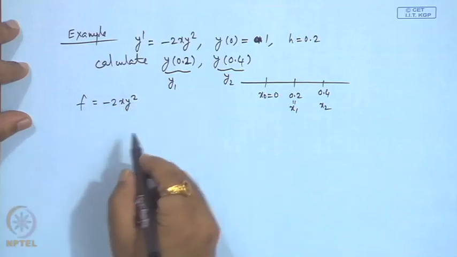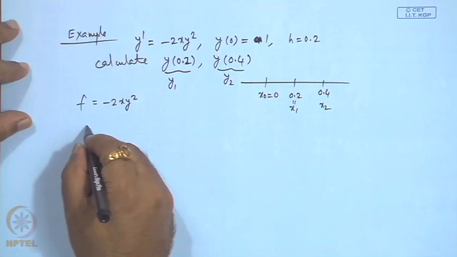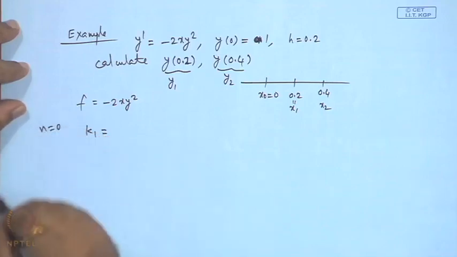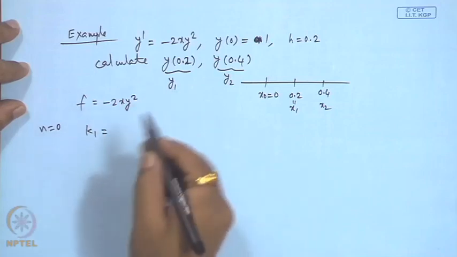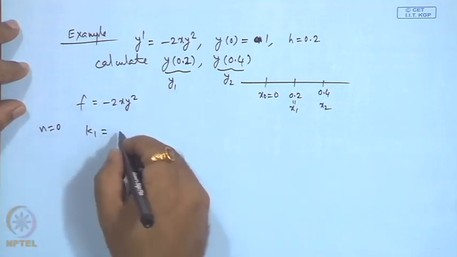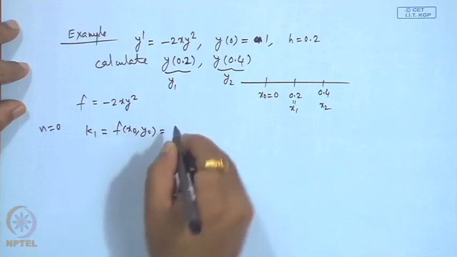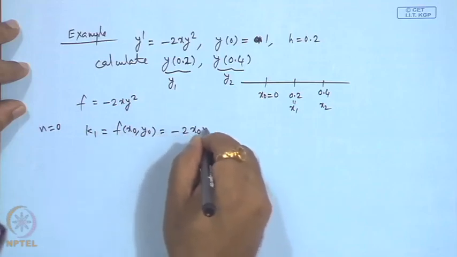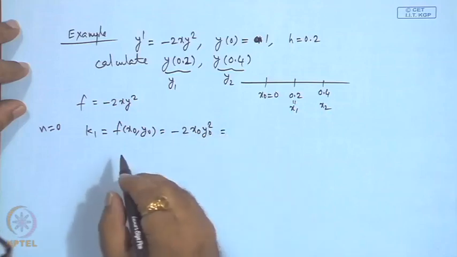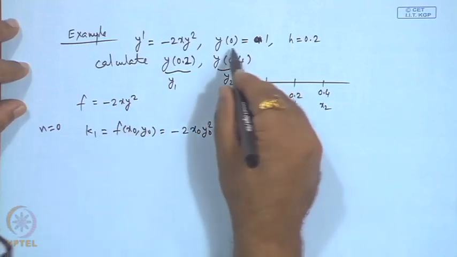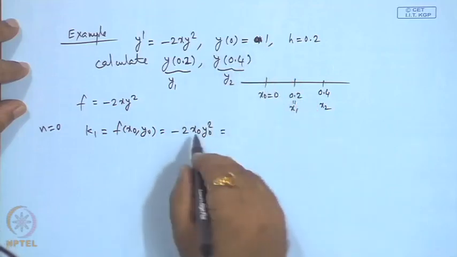Okay. So, we should try to compute k 1. Obviously, our n is 0, we are trying to compute y 1, therefore, n is 0. So, k 1, okay. So, given from here, y 0 is 1, right.